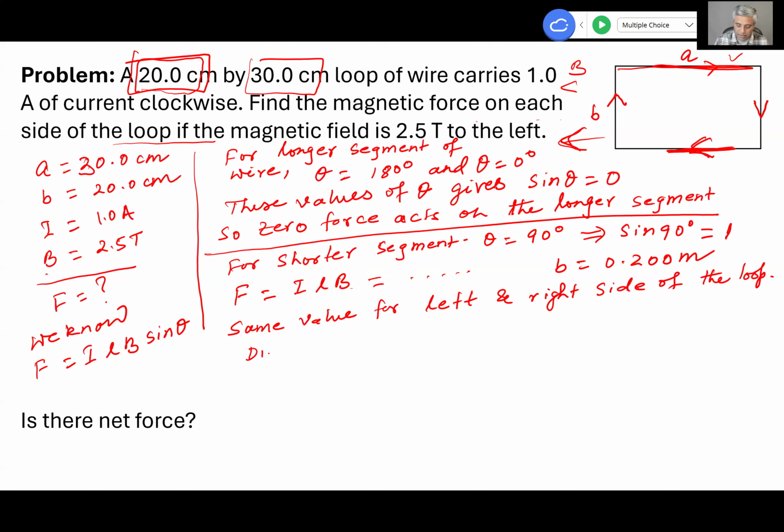Now, what is the direction on the left side, and what is the direction on the right side?